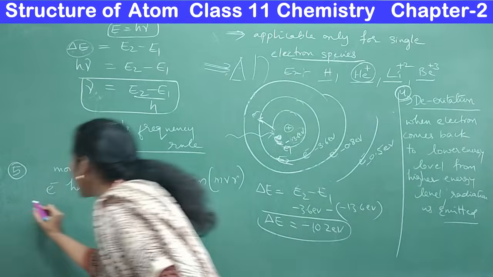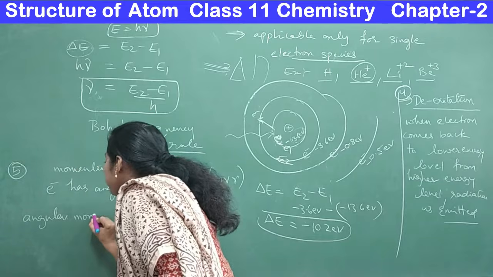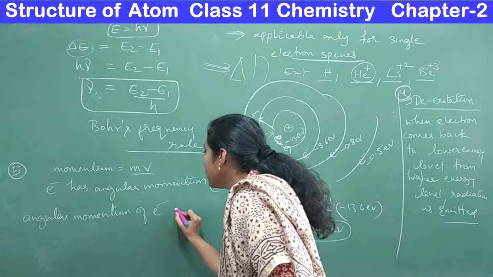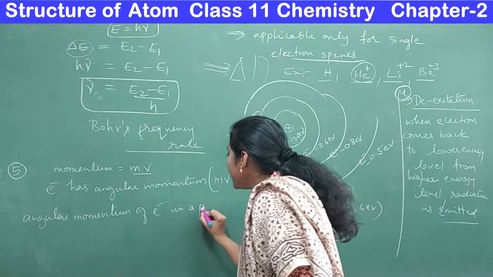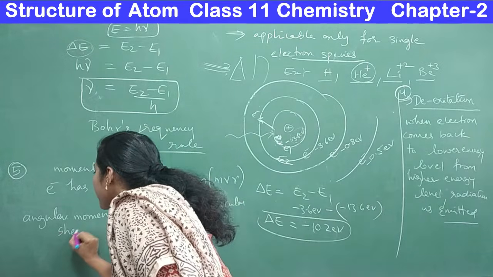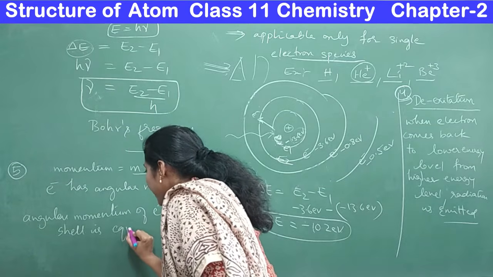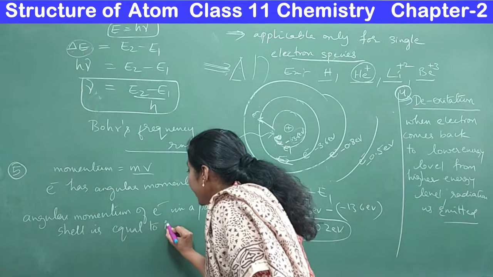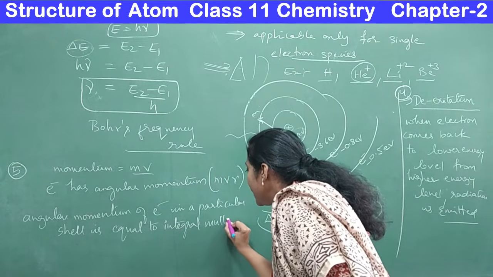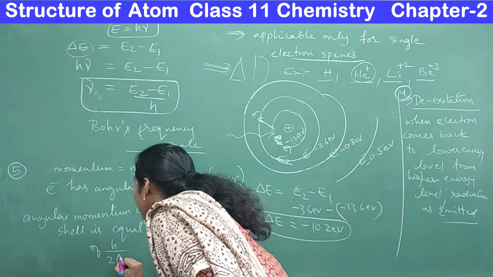What he says is that the angular momentum of an electron in a particular shell is equal to an integral multiple of h by 2 pi.